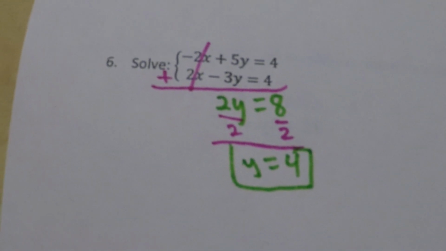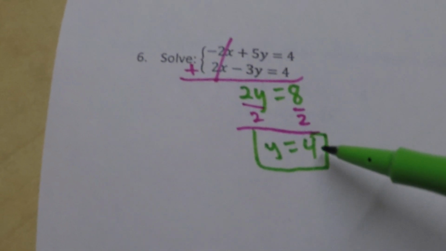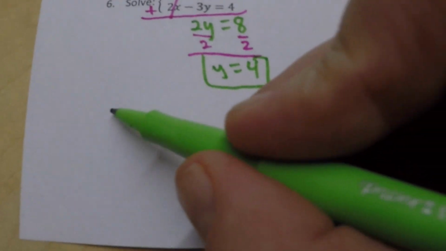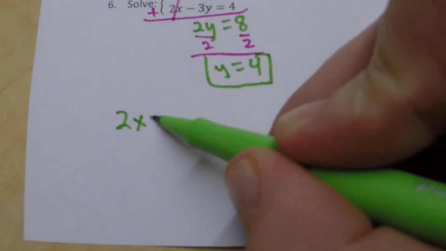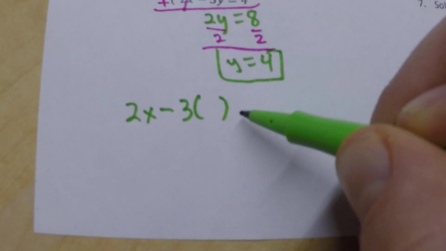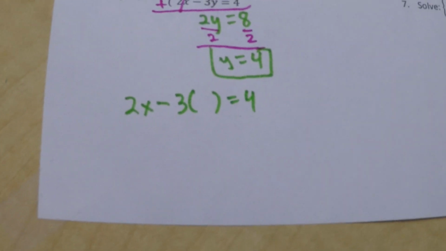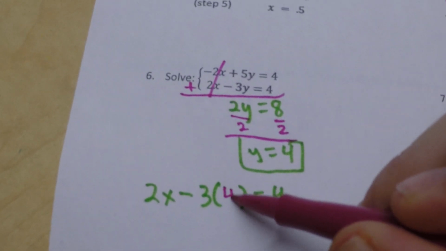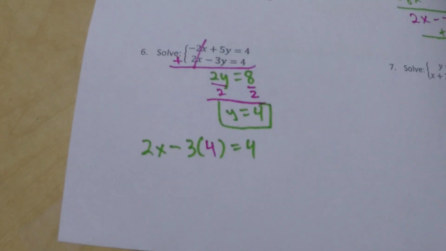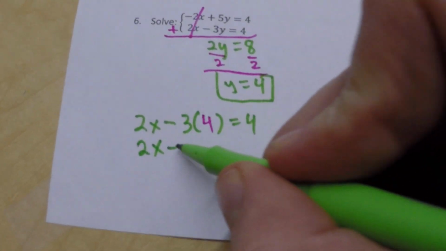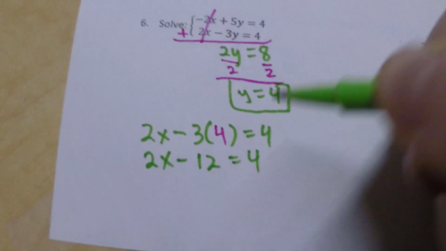When you find out what y is, you're still not done though. You have to take this number and put it in one of the equations. It doesn't matter. I'm going to put it in the bottom equation. So instead of y, I'm going to put what y equals in that spot. So y equals 4. So I'm going to put a 4 here. Okay, so I get 2x minus 12 equals 4.